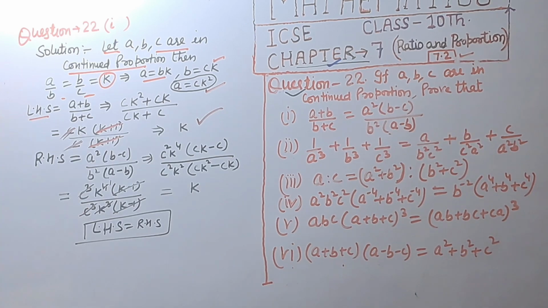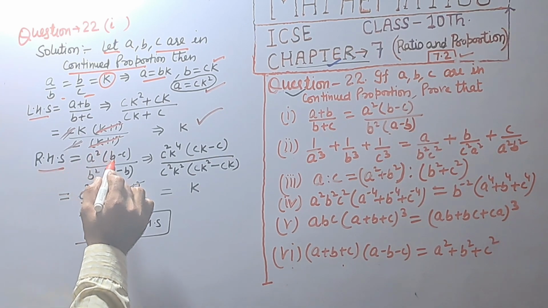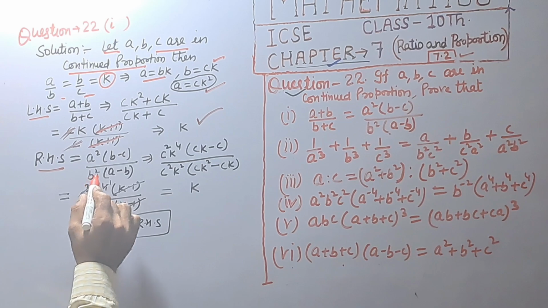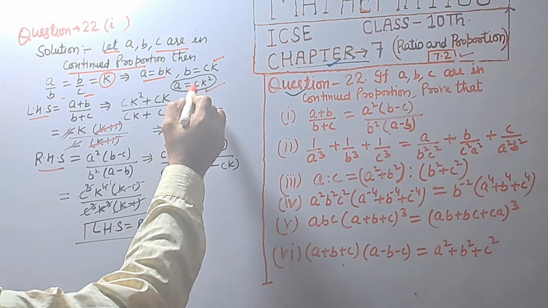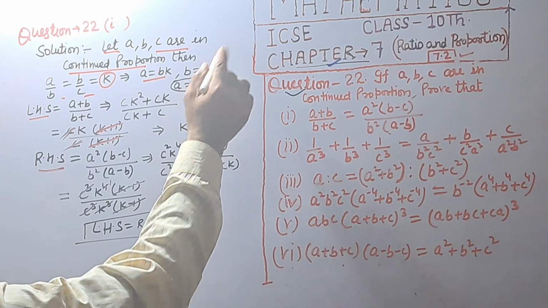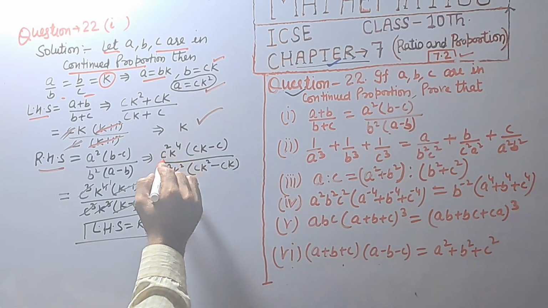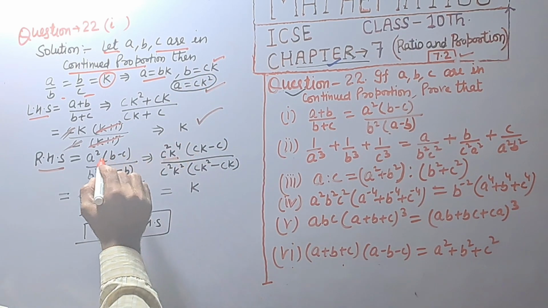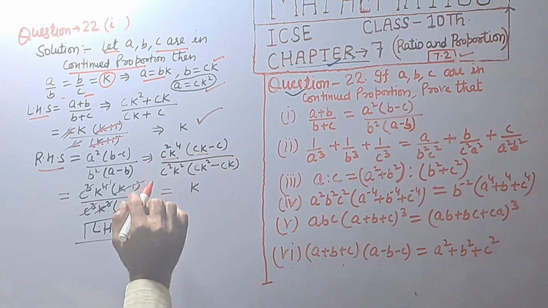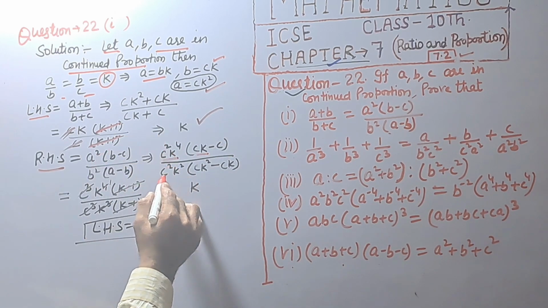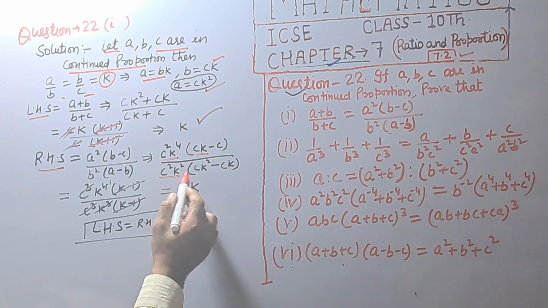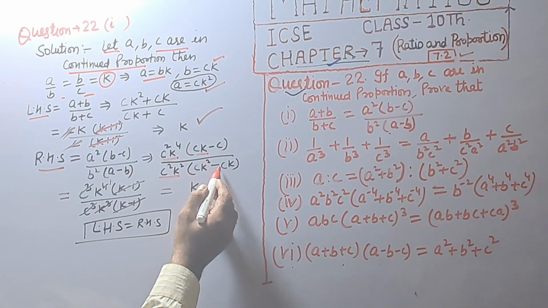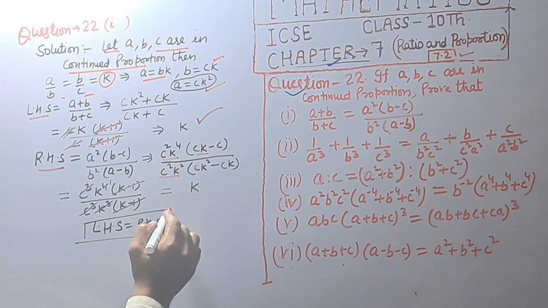Similarly, right hand side is equal to A square (B minus C) upon B square (A minus B). A square, that is equal to C square K raised to power 4, B is equal to CK minus C divided by B square is C square K square, and A is equal to CK square minus CK. B is equal to CK.